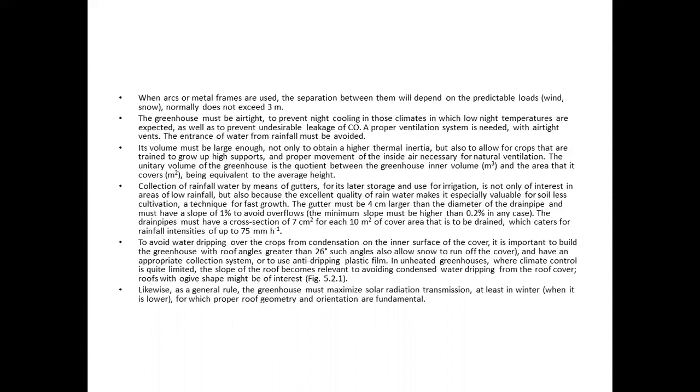To avoid water dripping over the crops from condensation on the inner surface of the cover, it is important to build the greenhouse with roof angles greater than 26 degrees. Such angles also allow snow to run off the cover and have an appropriate collection system, or to use anti-dripping plastic film.